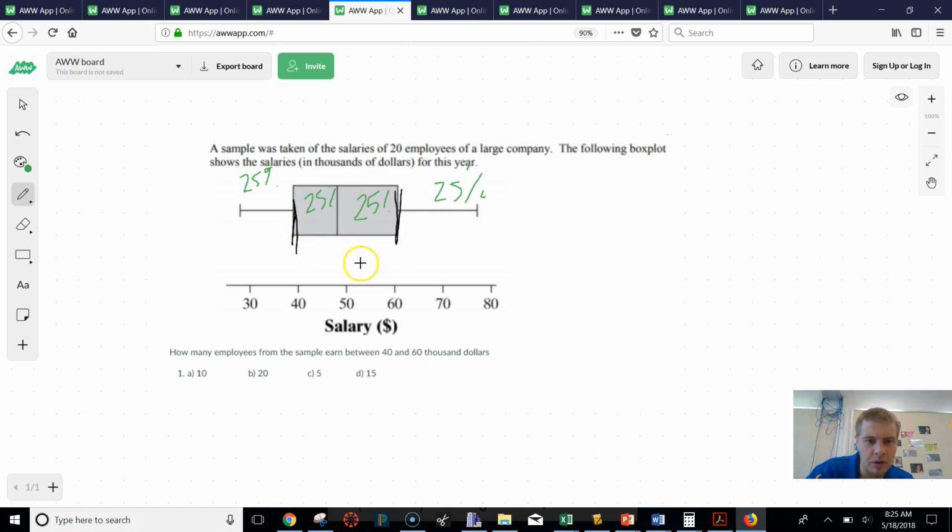So because we know all that, we know that 50% would be from here to here. Half the employees would be from there to there, so that should be 10. There's 10 employees that are that way. Let's try the next one.